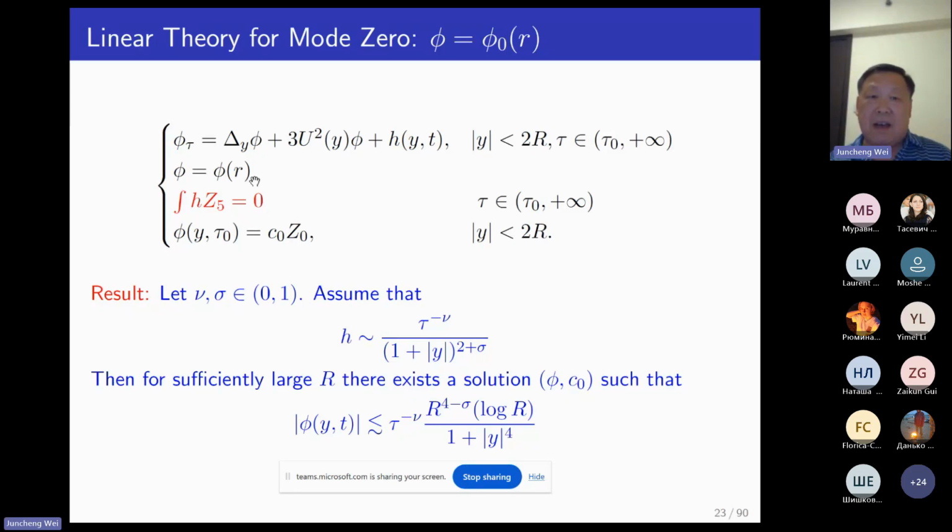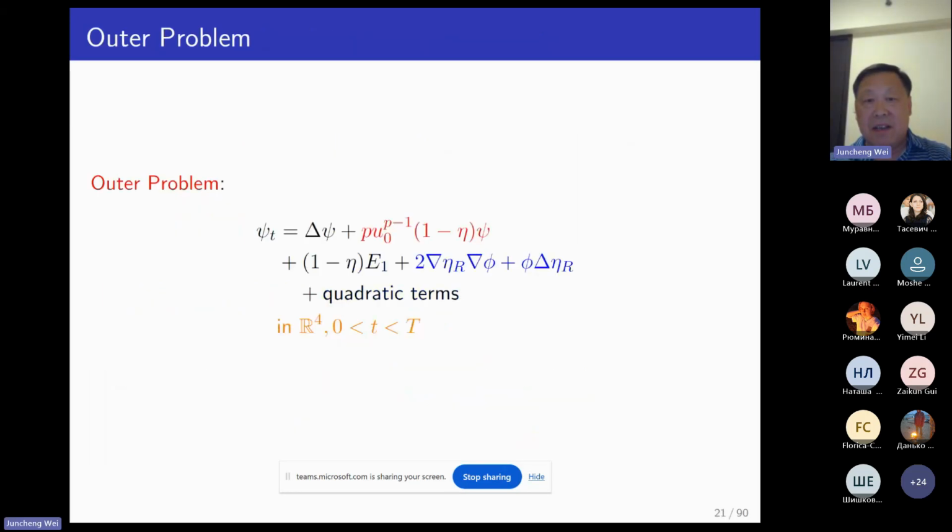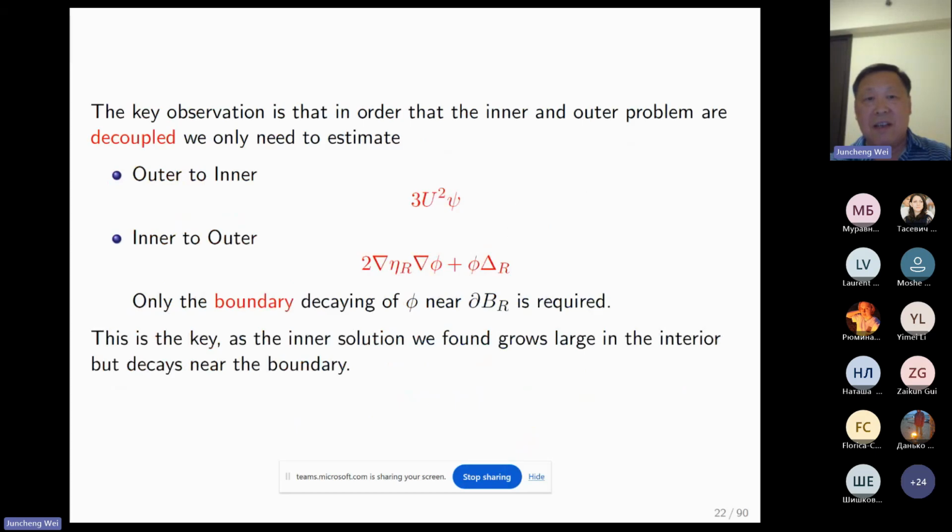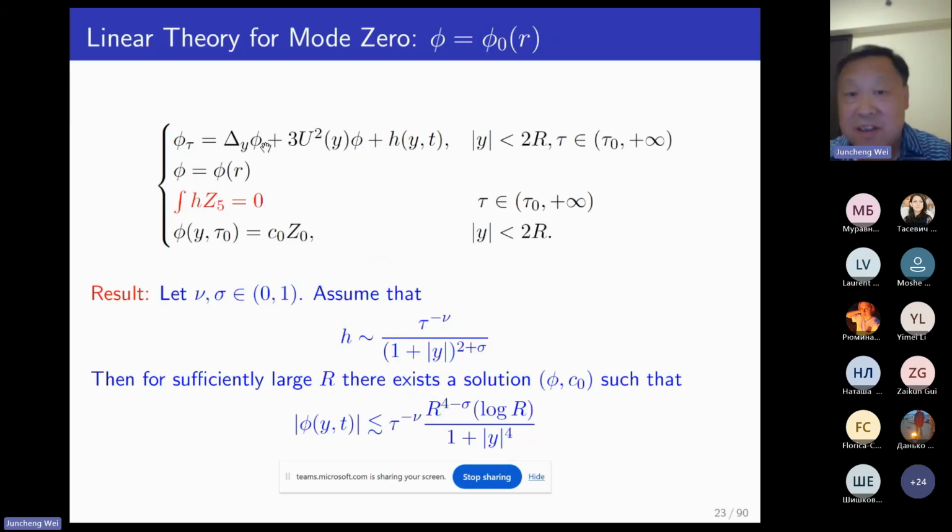So you see that in this problem here, I only ask h to be orthogonal to Z5, and I don't ask phi to be orthogonal to Z5. Why? Because Z5 is not L2. My H can have a faster decay, but my solution, I know that it does not have fast decay.